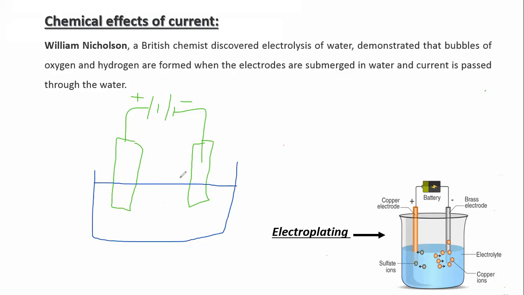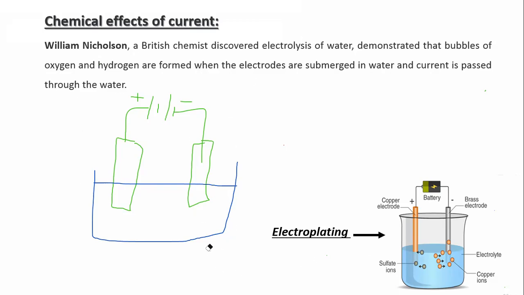Now, as we know, water is a good conductor of electricity, so your circuit is eventually complete now. The circuit is complete because the two metals are connected with each other through a conducting material, and water can conduct electricity. So he wants to check the chemical effects of the current. So he did that experiment.